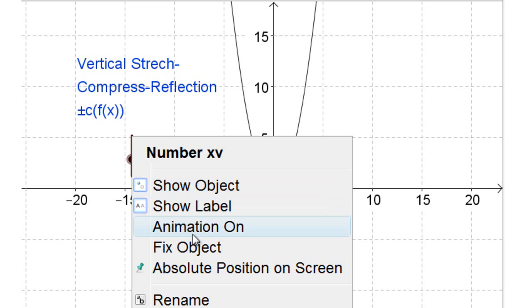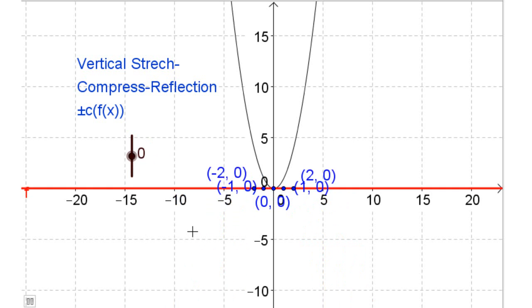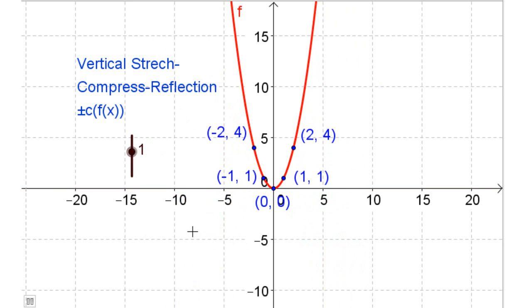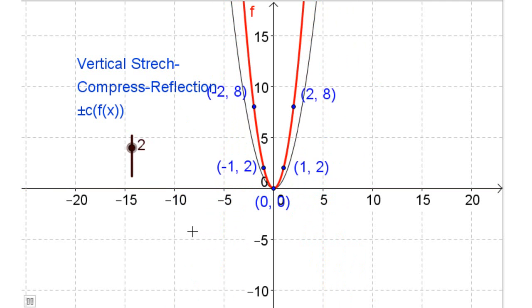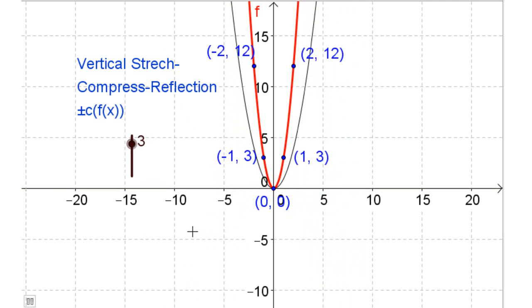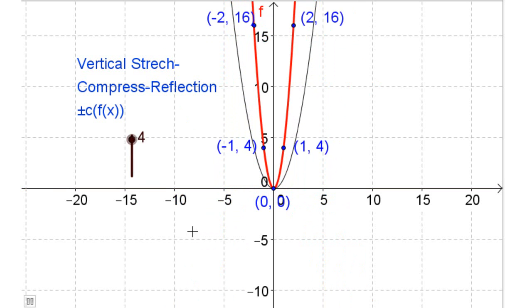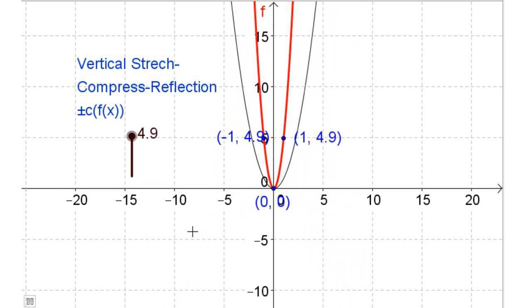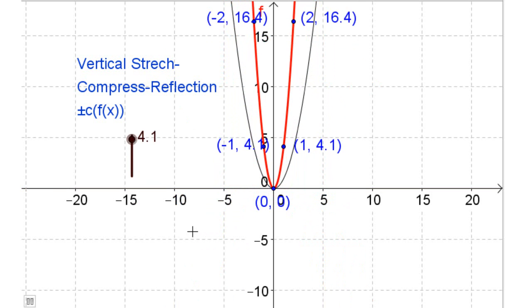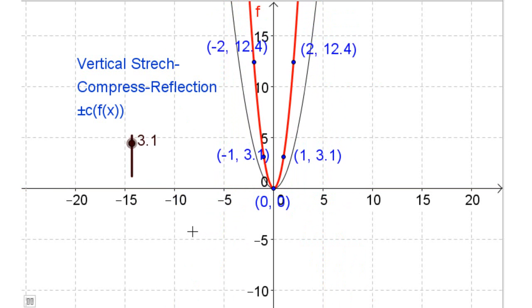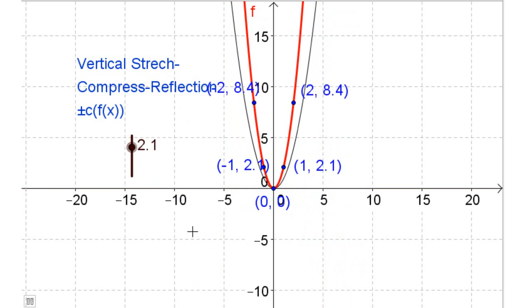Let's see the animation. This is stretch, vertical stretch, when the coefficient is greater than 1. When the coefficient is 1, it's the original, of course.